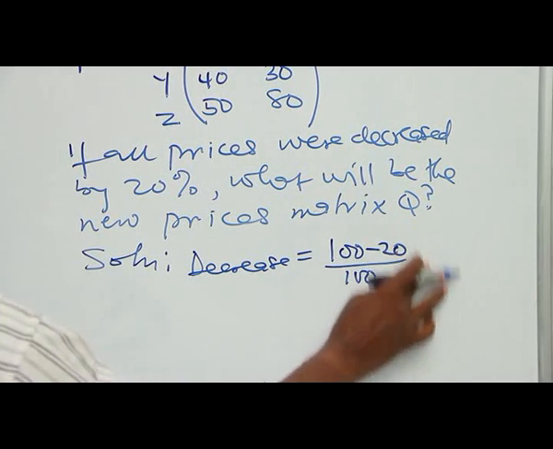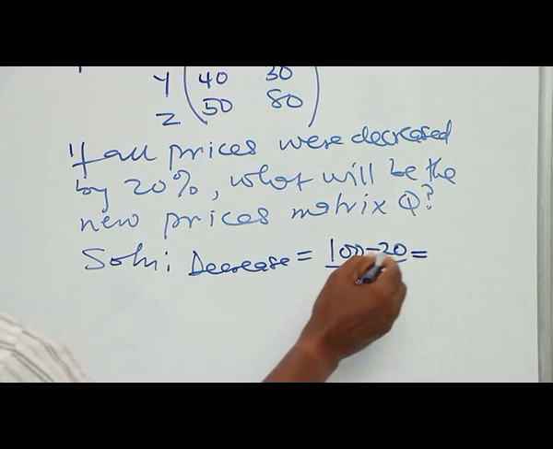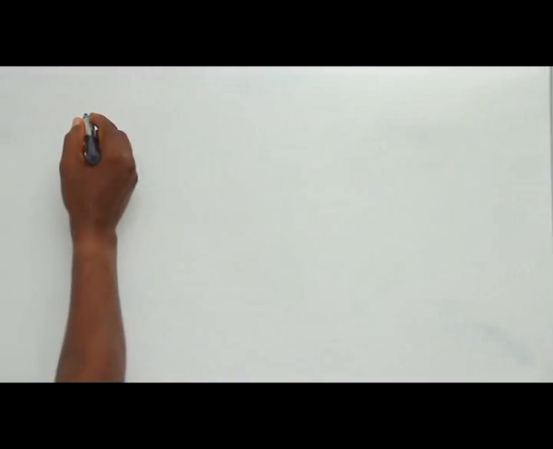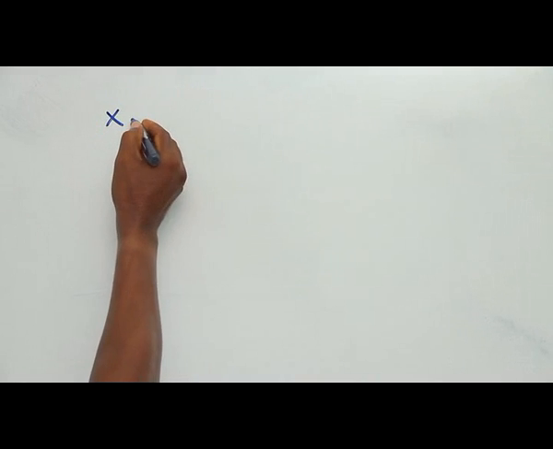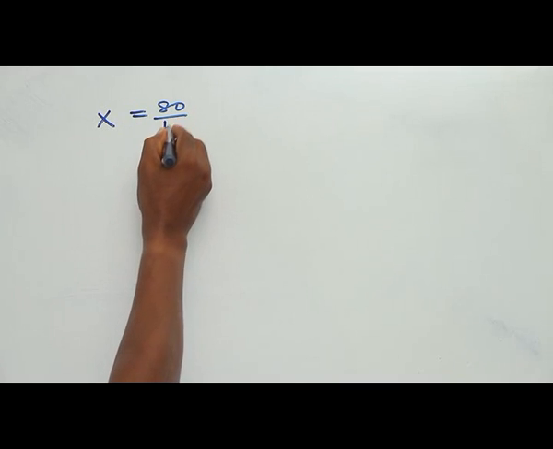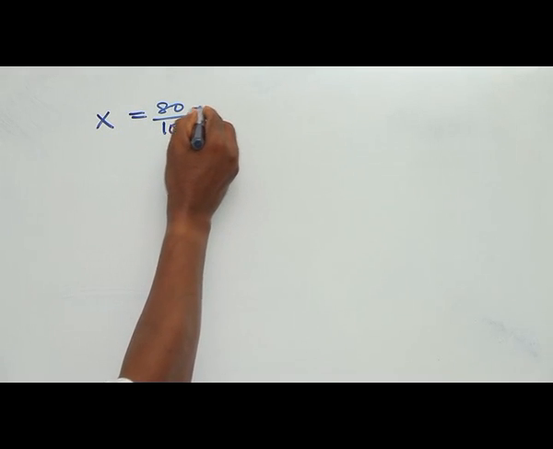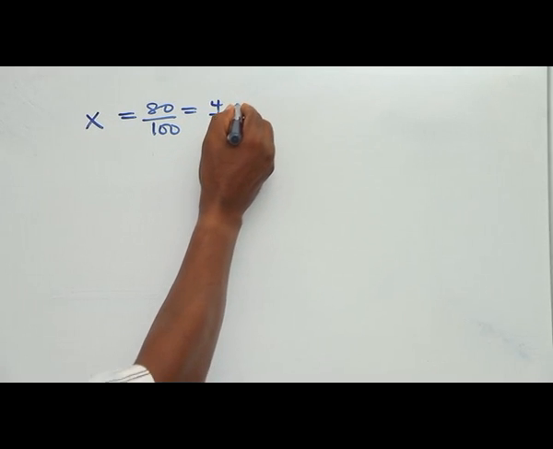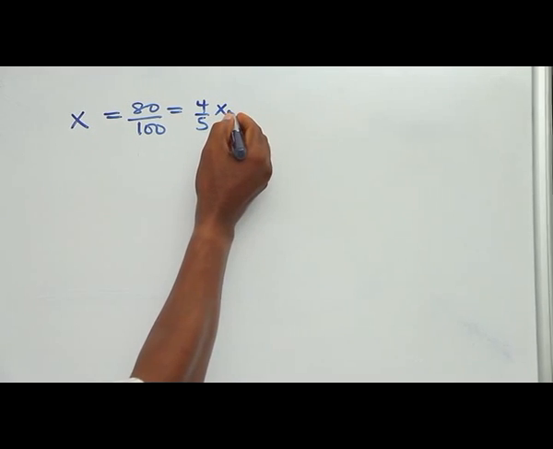This is the decrease. So that will become 80%. For S, we now have 80 over 100, and 80 over 100 is the same thing as 4 all over 5, multiplied by the entry.